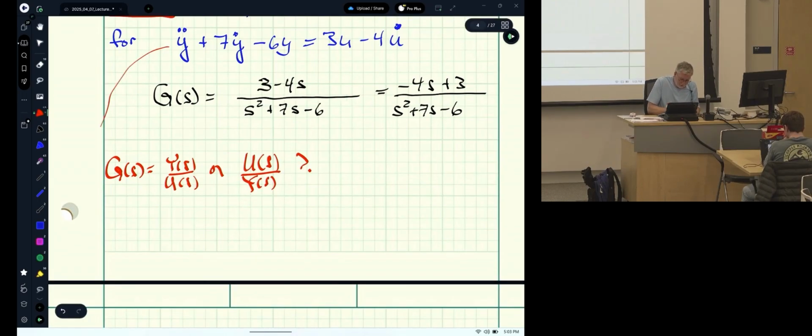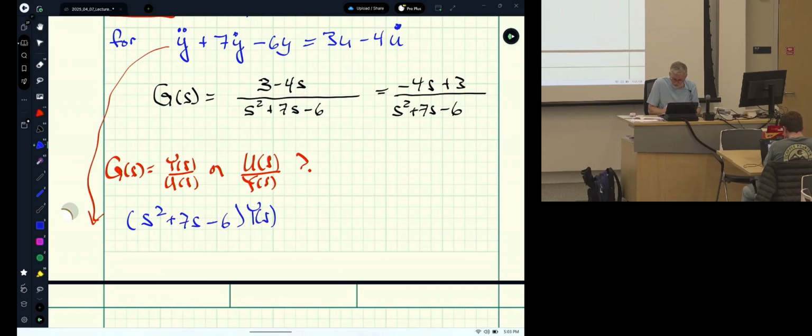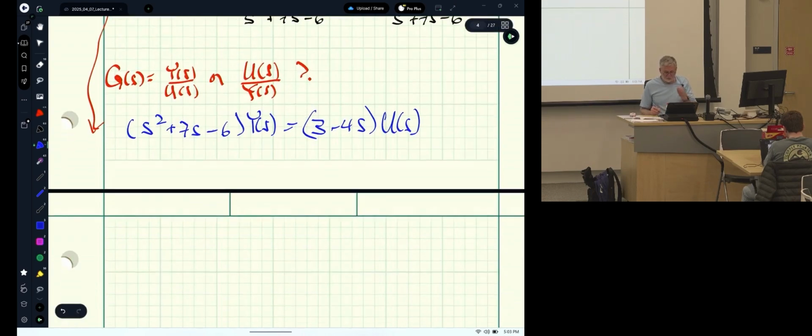Okay, so let me continue down here and just write this as s squared plus 7s minus 6 times Y of s equals 3 minus 4s times U of s.